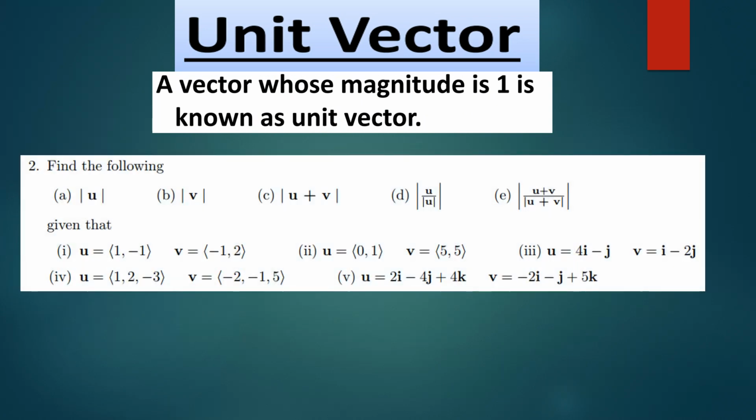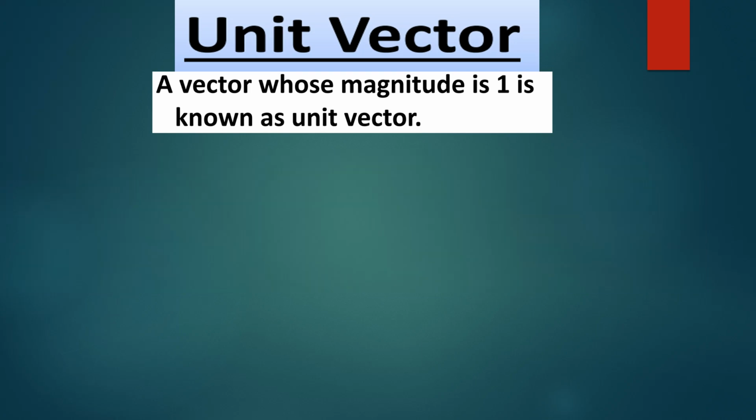Alright, so let us see how we can find the magnitudes of these given vectors here, and their unit vectors. Before I start calculating, let me show you the representation of a unit vector.